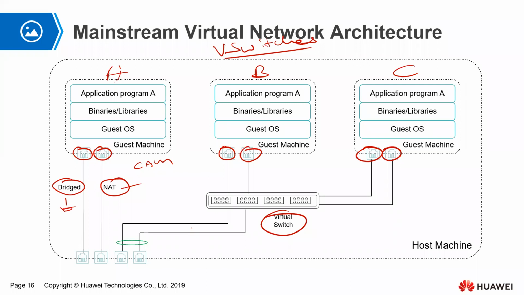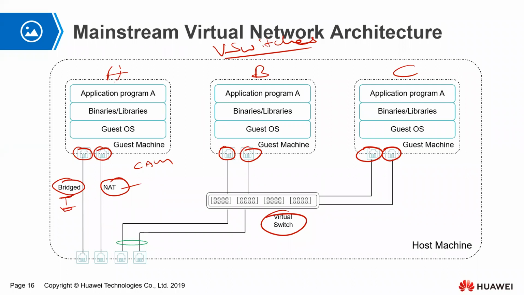But every virtual machine has what we call a virtual network interface card, and as you can see, one virtual machine can have one or more virtual network interface cards.